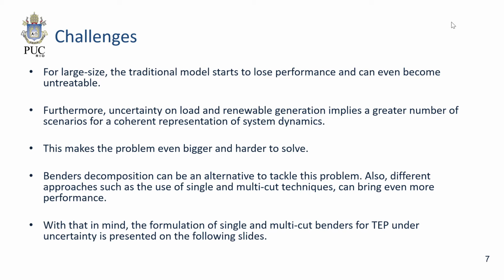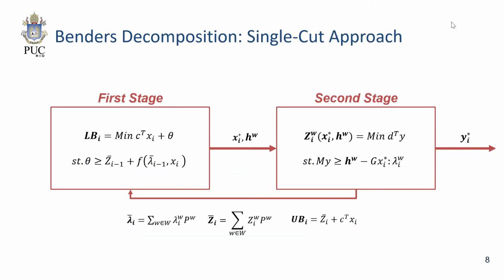Also, we can explore here two different techniques, the single cut and the multi-cut techniques, so we can explore how they affect performance and solution in a general form. And with that in mind, that's what we will do on the following slides.